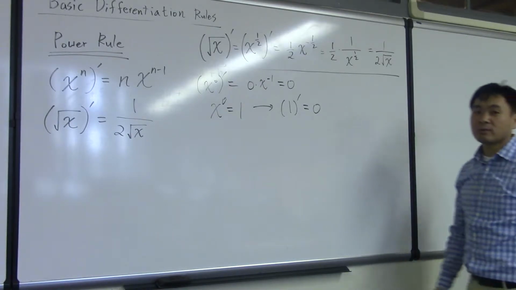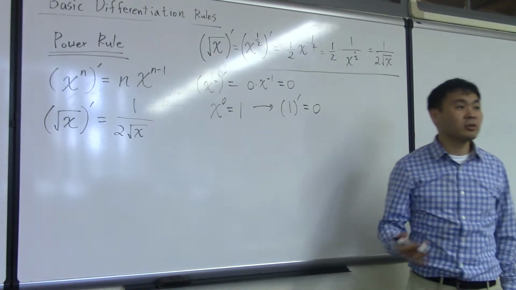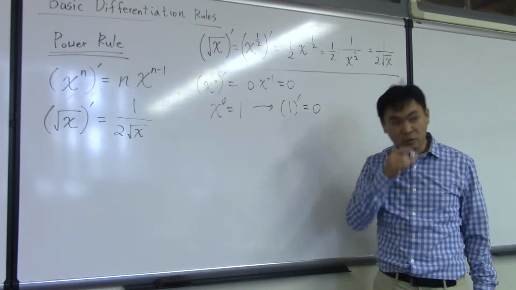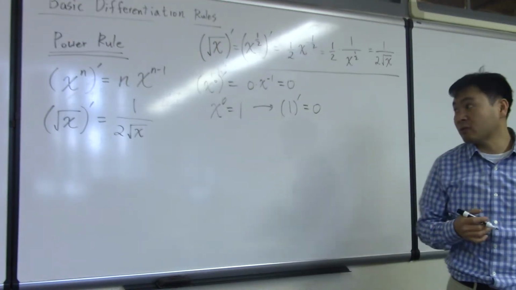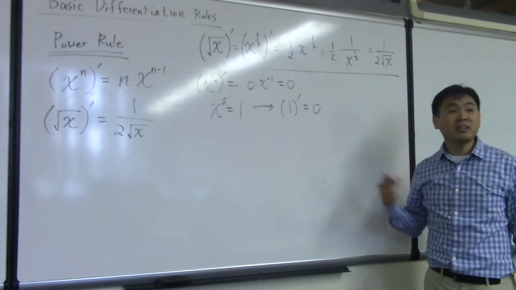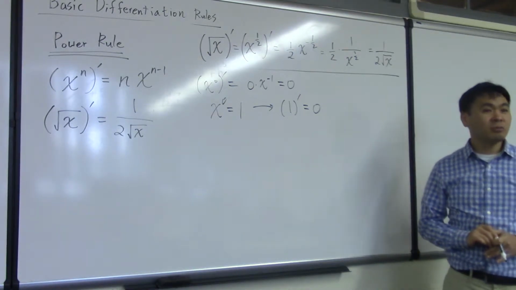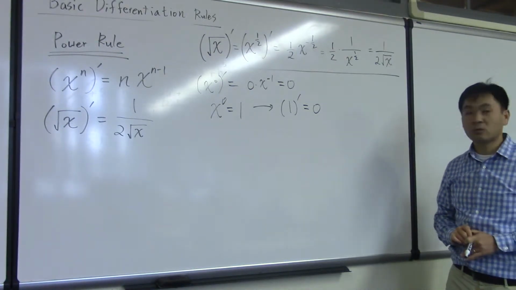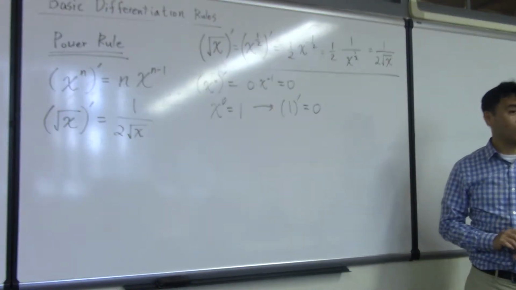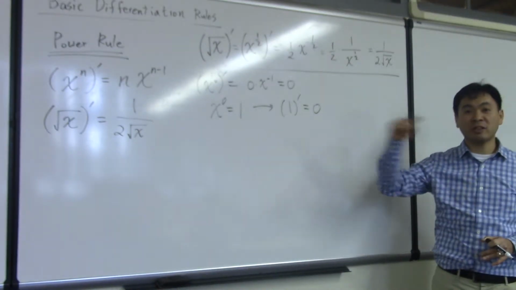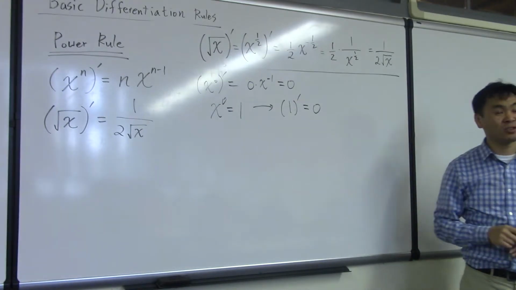Now, is that true? It's actually easy to see that this is true if you remember the definition of the derivative, or the meaning of the derivative. What's the meaning of the derivative again? Slope of the tangent line or the instantaneous rate of change.